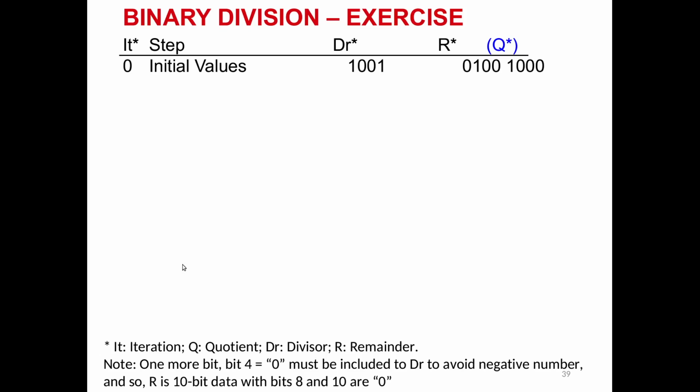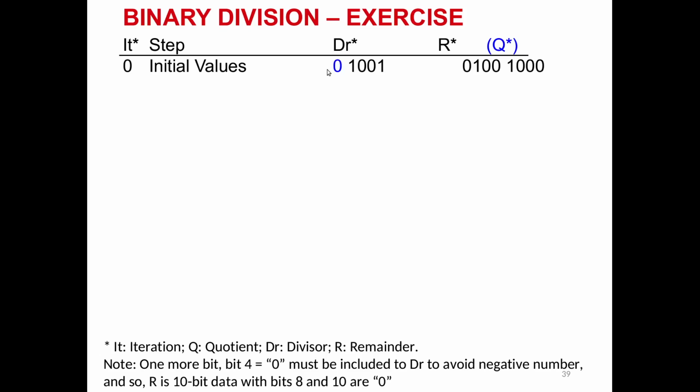As we know before, we will work with positive values of R and DR. Here if we just use 4 bits for DR, the most significant bit equal to 1 implies that it is a negative value in binary. So we need to add one more bit of 0 here, making DR a positive value 9 in binary.